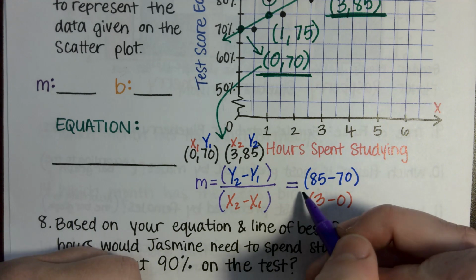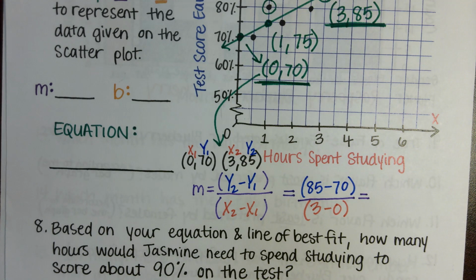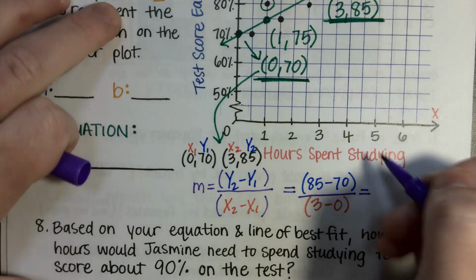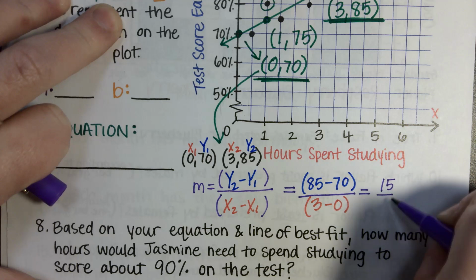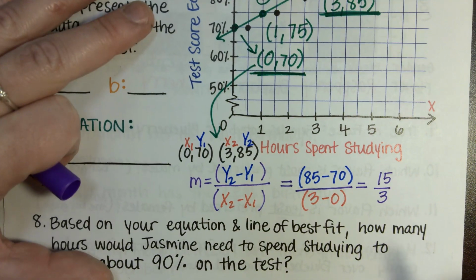Okay. And let's solve that real quick. Let's see what we get. 85 minus 70. I got 15 over 3. What did you guys get? 15 over 3. Okay, perfect. 15 over 3. Can we simplify? Yeah.